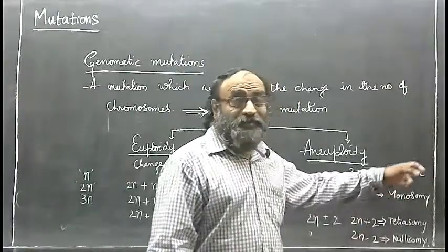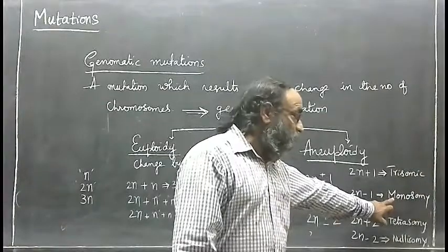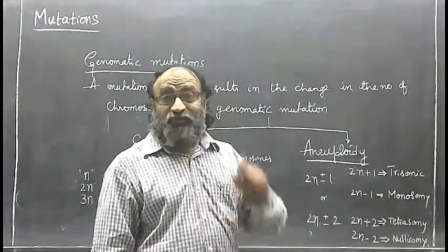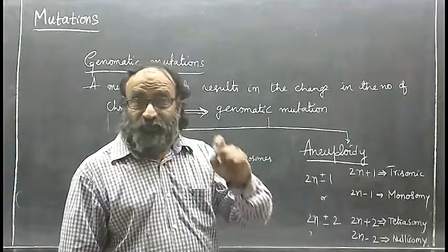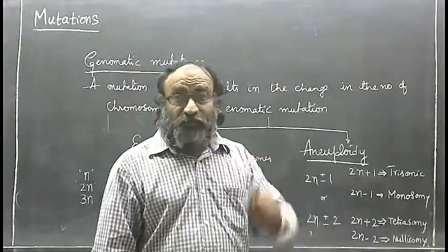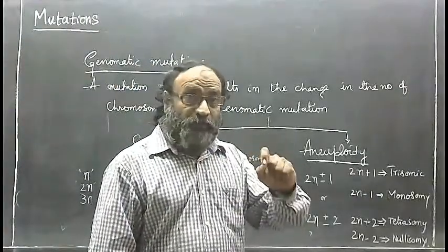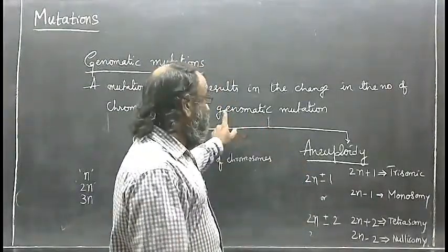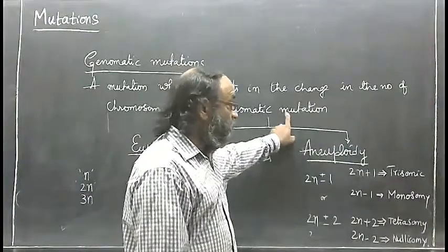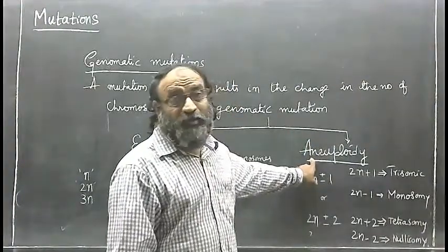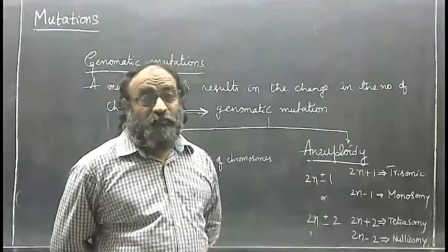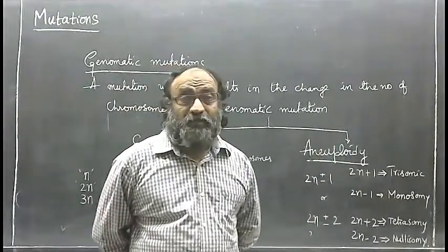So, Turner's female is an example of monosomic condition. Therefore, the existence of Klinefelter's male and Turner's female in the population are examples of genomatic mutations due to aneuploidy. Very, very important.